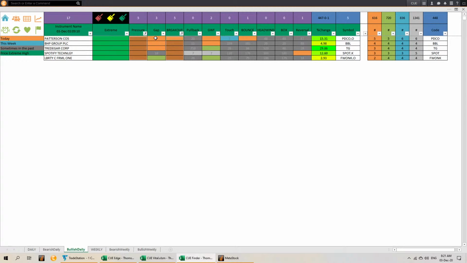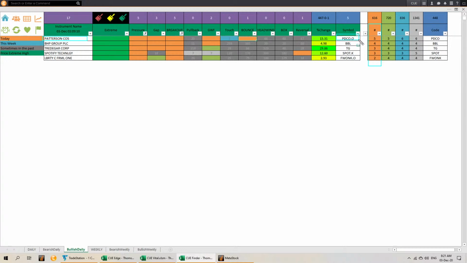And I can see now that 3 of them also had gap up, 2 of them had bullish flow, one is bouncing.